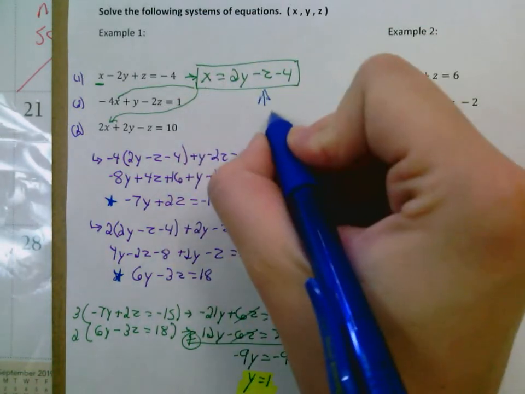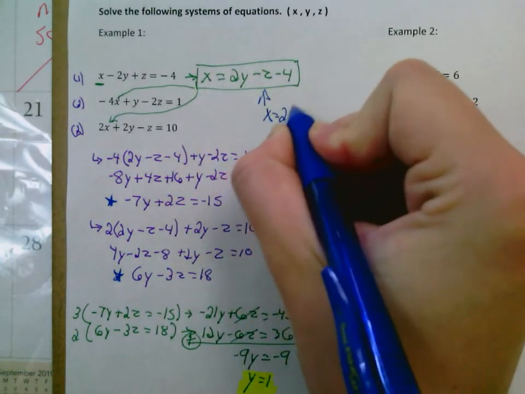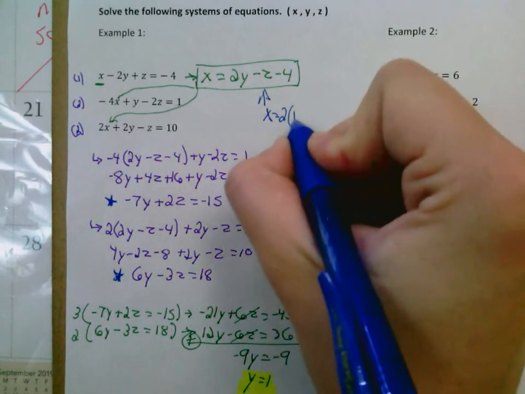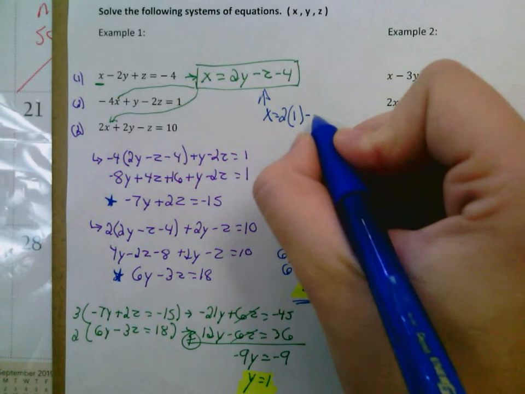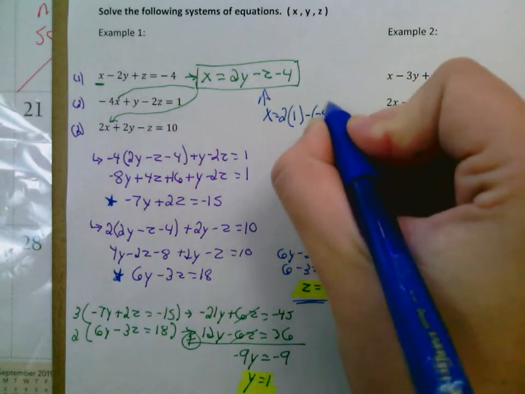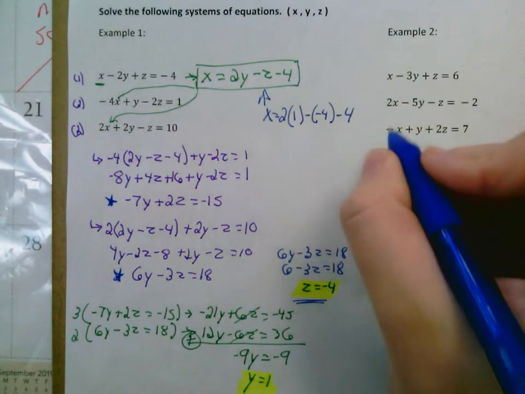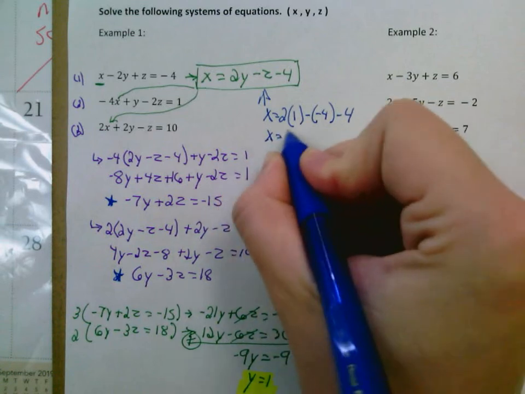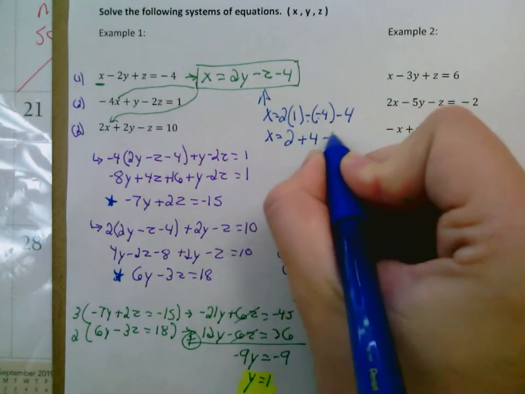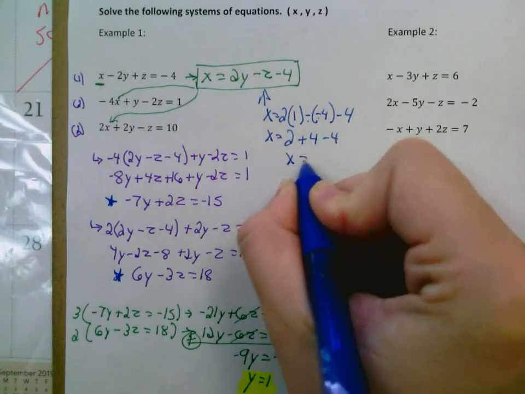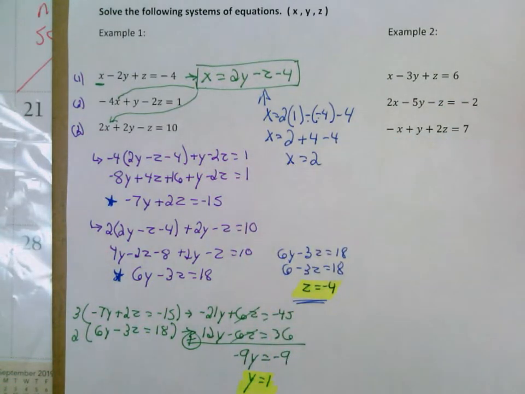I might as well plug it into here. So that's x equals 2 times y, but my y was 1, so I went ahead and plugged in 1, minus z, but z was negative 4, so I'm going to plug in negative 4, and then minus that 4 on the end. If I simplify this, I'm going to get 2. Negative, negative becomes positive, and finish adding those together, and you get x equals 2.